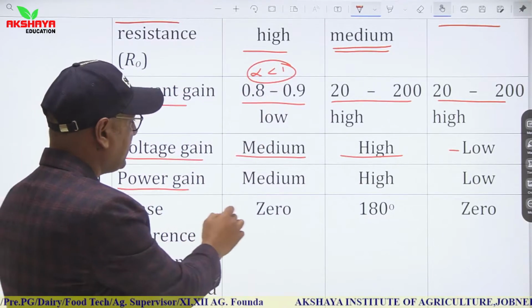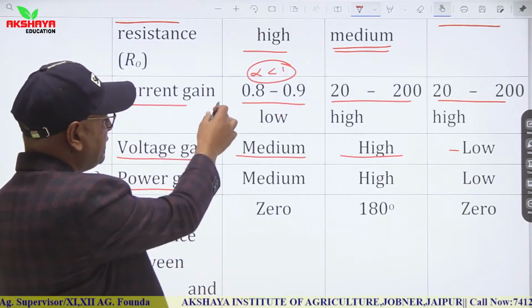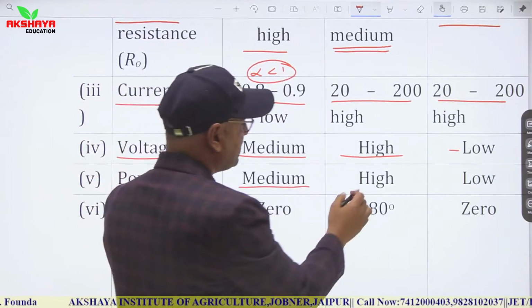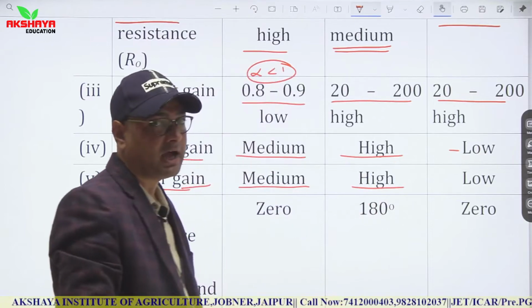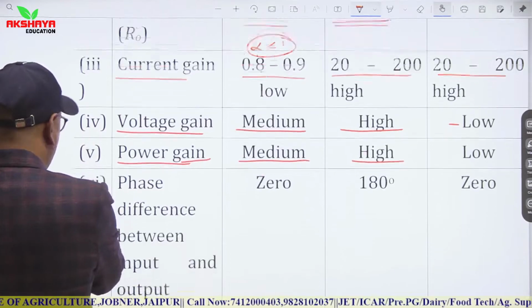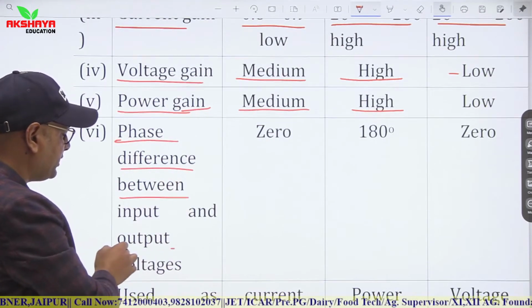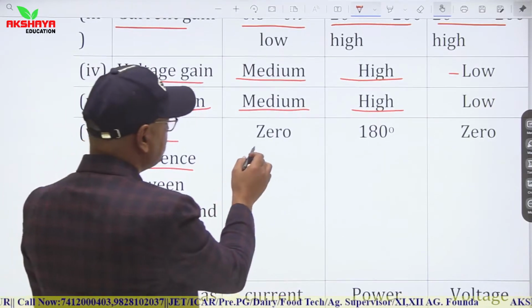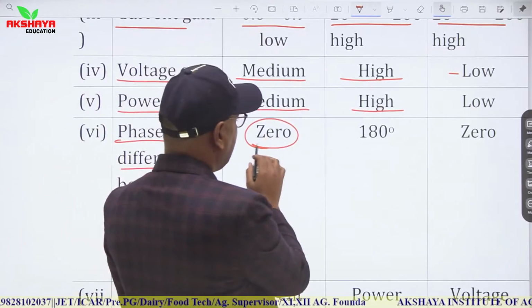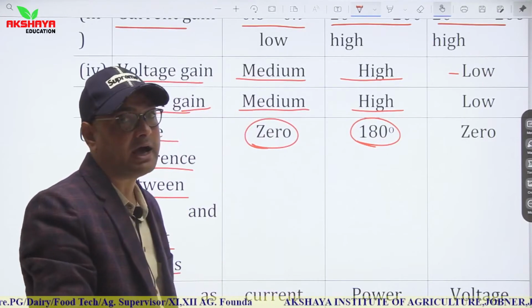Similarly, power gain is again obtained in terms of voltage gain and current gain. So in their aspect we can say that in common base configuration it is in medium order, in common emitter configuration it is high, and in case of common collector it is low. Now in case of phase difference between input and output voltage, in case of CB configuration, input and output voltage are in same phase, and in case of CE configuration, input and output voltages are in opposite phase.